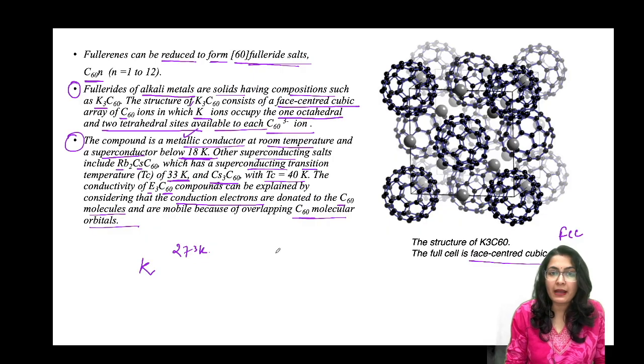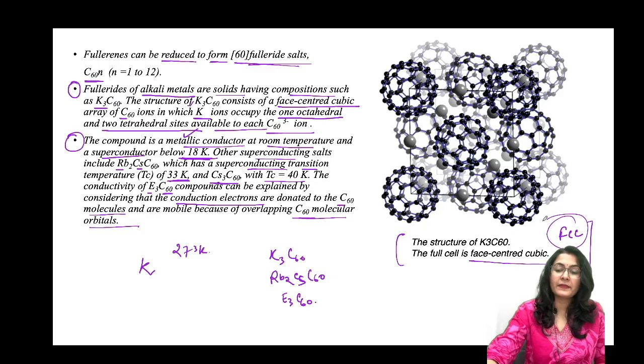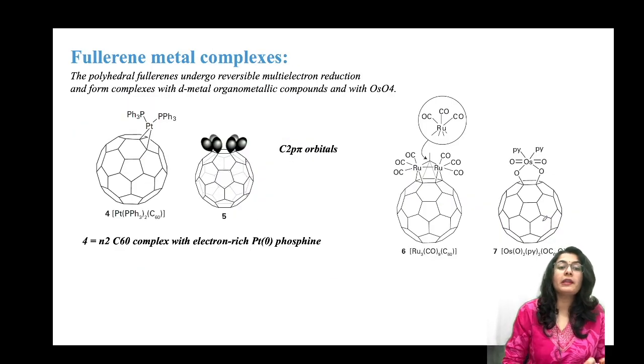And what are the examples of these? K3C60. Then you have Rb2CsC60. Then you also have Cs3C60 like this. Okay. So just remember this. It's an FCC lattice.